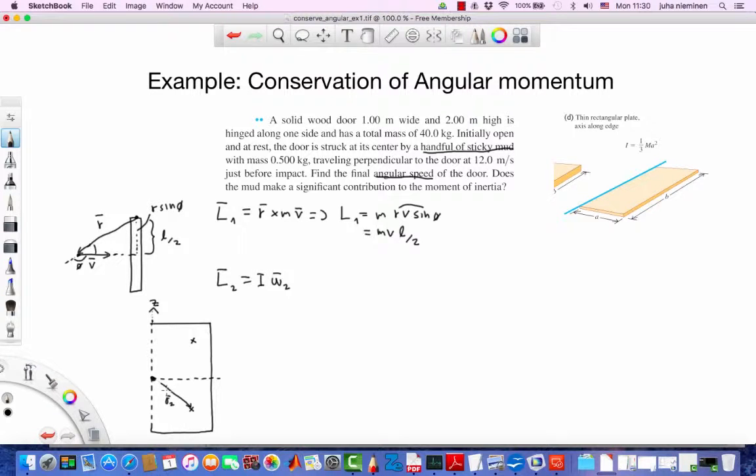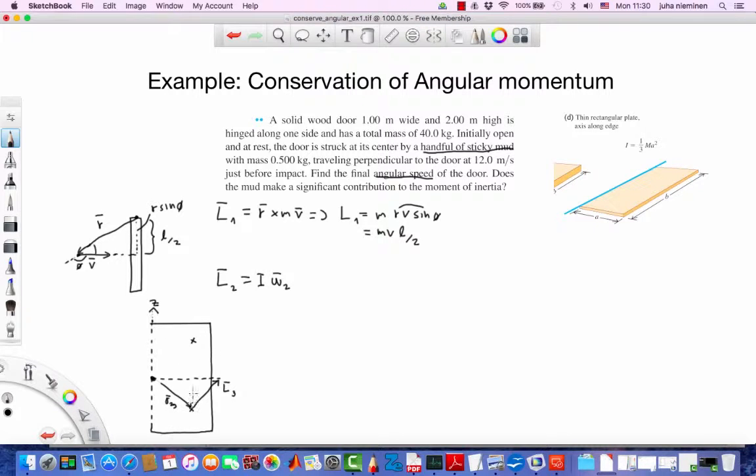You point from the origin into this point, diagonally down to the right, and you curl your fingers towards the velocity that is into the screen, and your thumb will end up pointing in this direction. That's the angular momentum of that piece of the door. Let's call that, that's a bad subindex, let's call that R3. So that is L3.